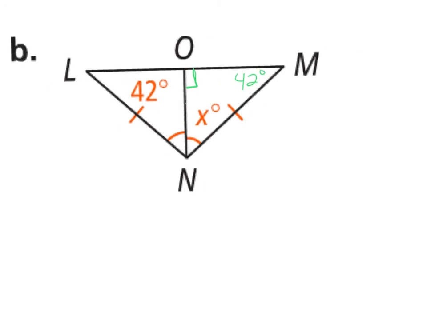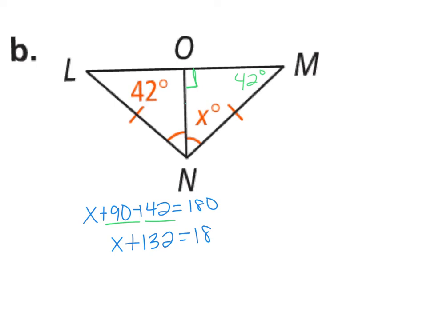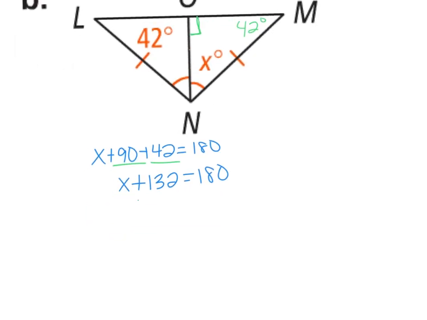So we have a right angle, we have 42 and x, so let's add them all up and make them equal 180. So x plus 90 plus 42 equals 180. Combine your like terms, so x plus 132 equals 180. Subtract 132 from both sides. So x equals, what would that be? 48 degrees. Yeah, perfect.